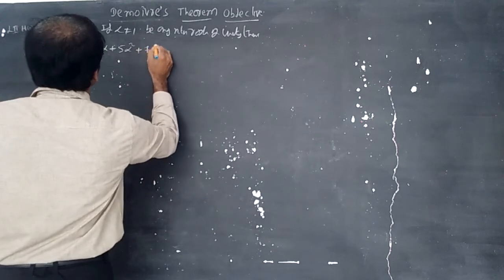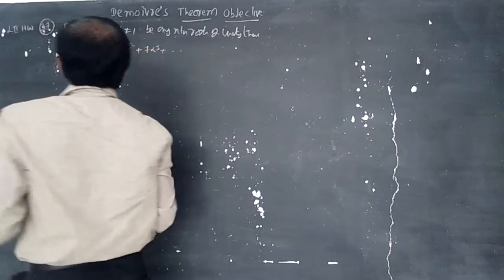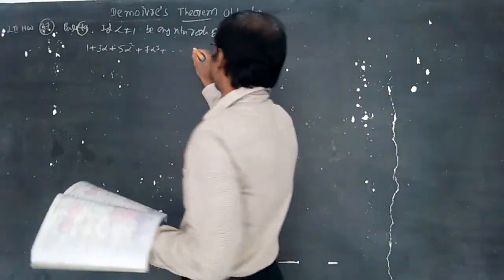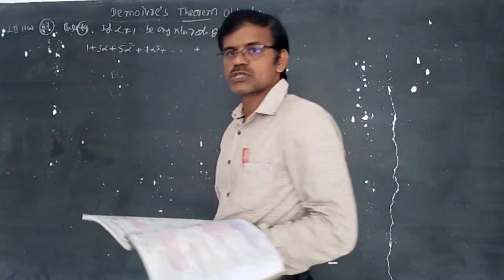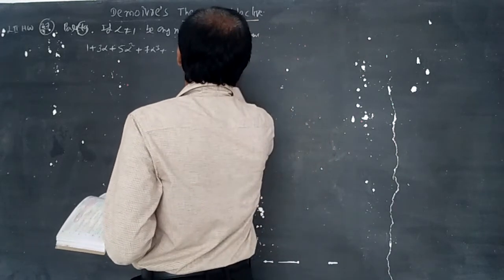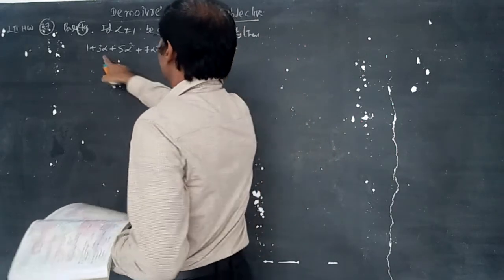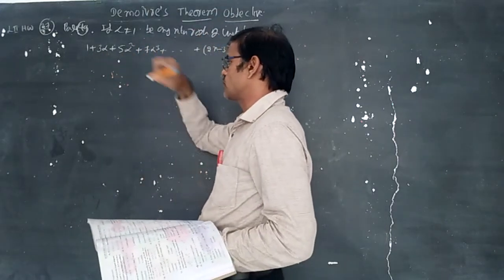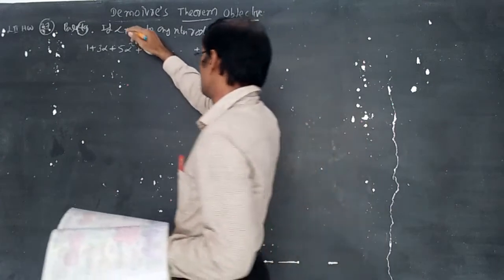you can understand here 7 alpha cube plus so on. 1, 3, 5, 7, these are all odd numbers. So the general notation of an odd number is 2n minus 1. Left side of 2n minus 1 becomes 2n minus 3. Here 1 alpha power 0, 3 alpha power 1, 5 alpha power 2, 7 alpha cube.